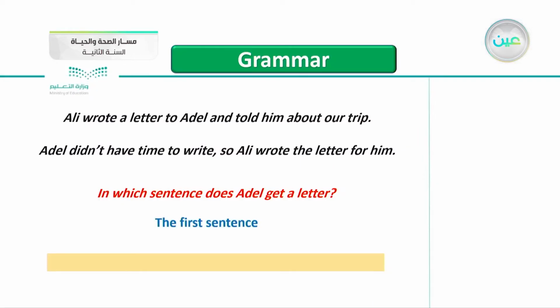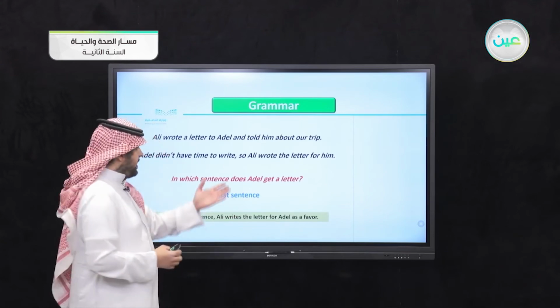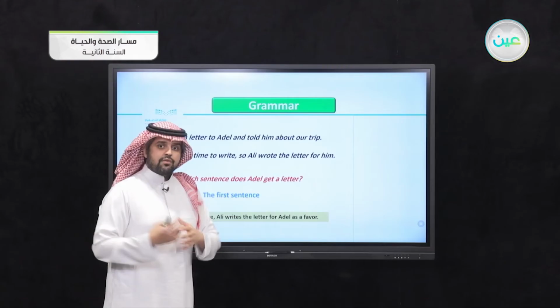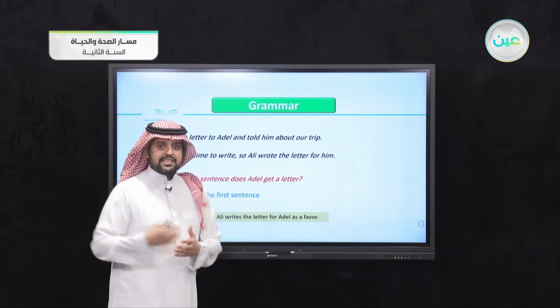In the first sentence it says Ali wrote a letter to Adil. The letter was sent to Adil and told him about our trip. In the second sentence, Ali writes the letter for Adil as a favor, because maybe Adil is busy, so he asked Ali to write the letter for him as a help, as a favor, instead of him.